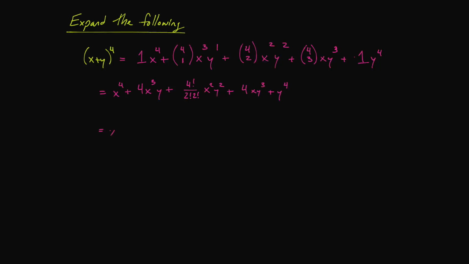Simplify this further, x to the 4th plus 4x cubed times y, and this is actually going to reduce to 6 x squared y squared plus 4x y cubed plus y to the 4th. And this is your binomial expanded.